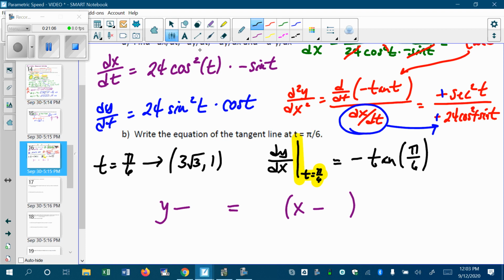But I shouldn't just be saying dy dx equals negative tangent of pi over 6, because that would imply that the slope is always negative root 3 over 3, whereas it is not the case. This is just at a particular location that that's the slope. And so I'm going to write here my slope. I'm going to fill in here my point, and that is my point slope form of a line.